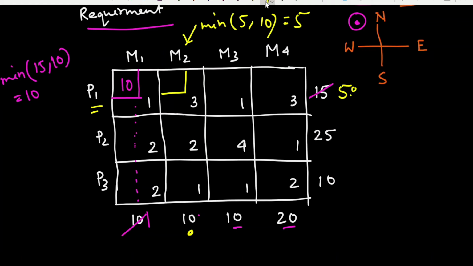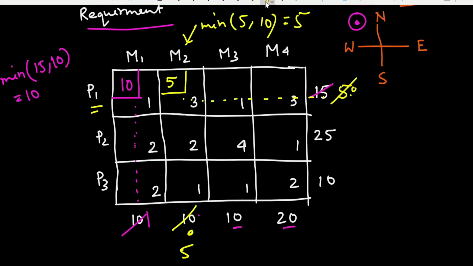Now we write 5 units here, and the availability for source P1 is exhausted, therefore there is no allocation in the remaining 2 cells. And 5 units of requirement remain for market 2.